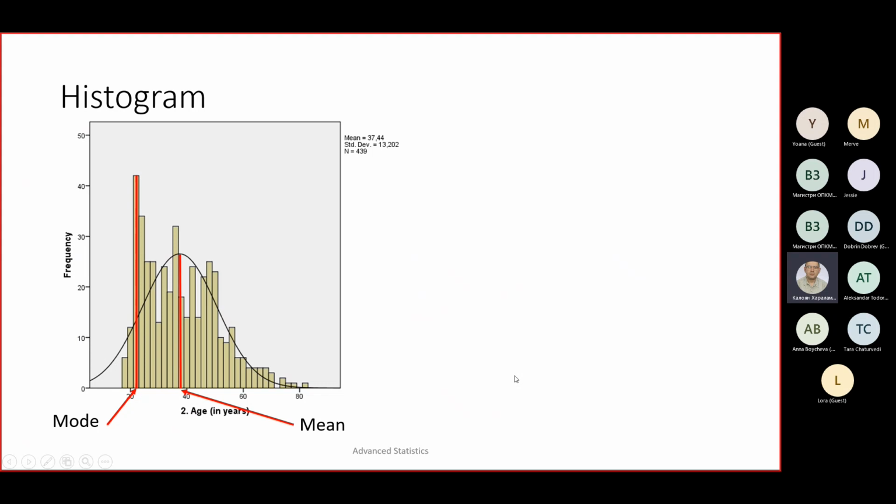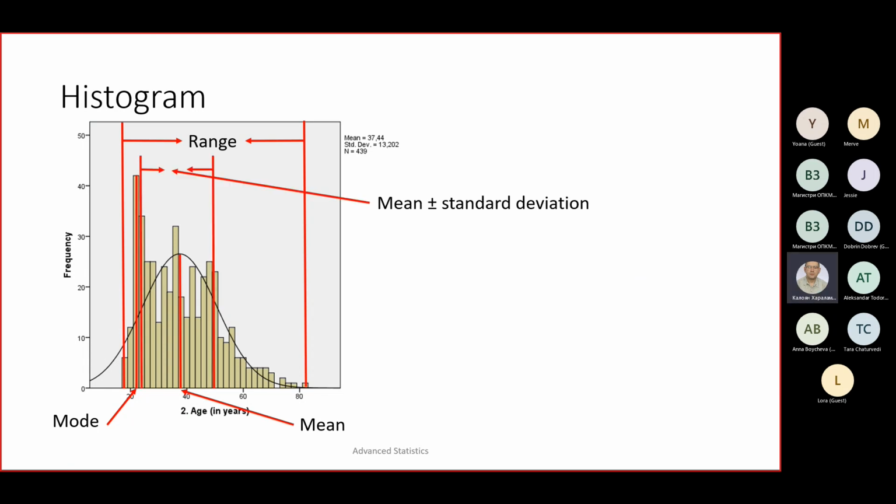After that, measures of dispersion, range, difference between smallest and largest, between lowest and largest value of this variable, and mean plus and mean minus one standard deviation.